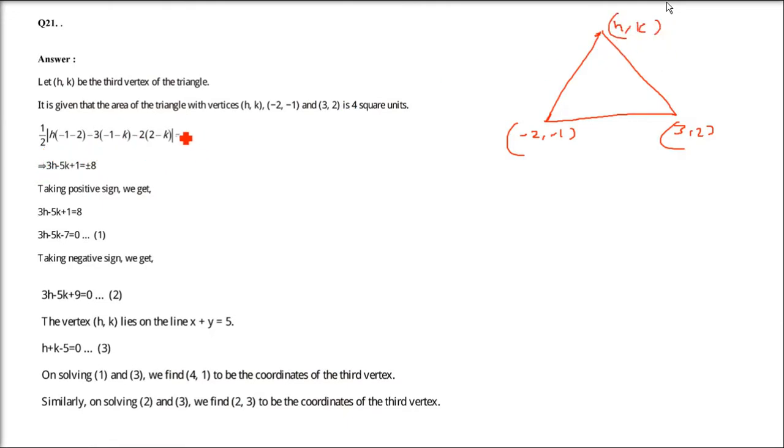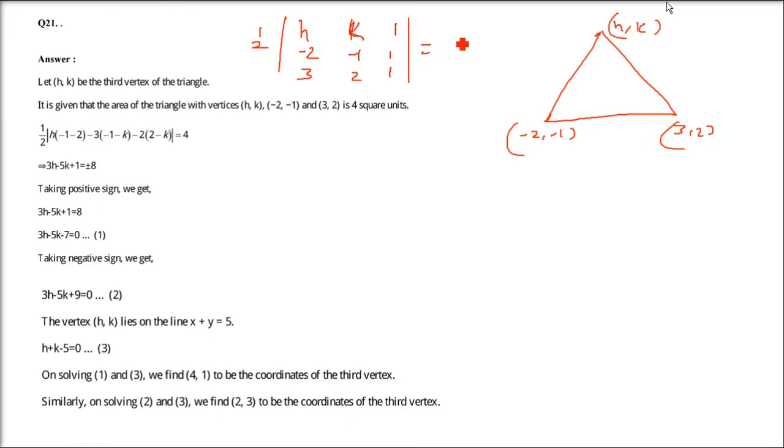So area of triangle we have already seen. You have to equate the area of the triangle as 4. If you are not able to remember this, just see here. Half, x1, x2, x3 on the first column. So h, -2 and 3. Then y1, y2, y3 on the second column. So k, -1 and 2. Then we have 1, 1, 1.